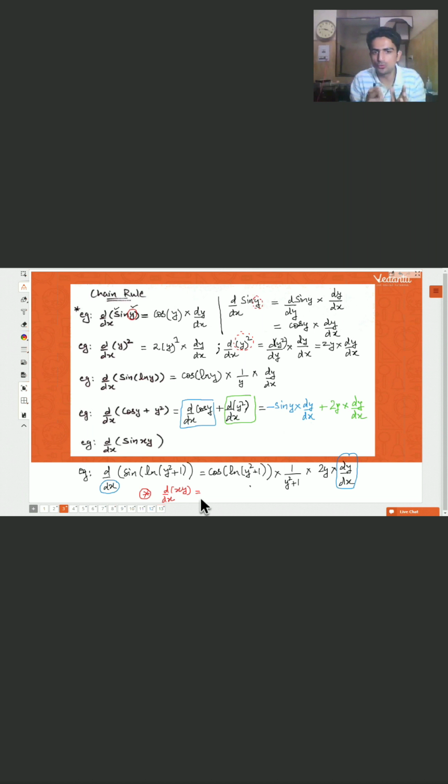Multiply them, you get x into y. So x into the derivative of y, which will be written as dy by dx as you are differentiating with respect to x, plus y into the derivative of x. It will be 1. The derivative of x with respect to x is 1. Right? Okay guys.